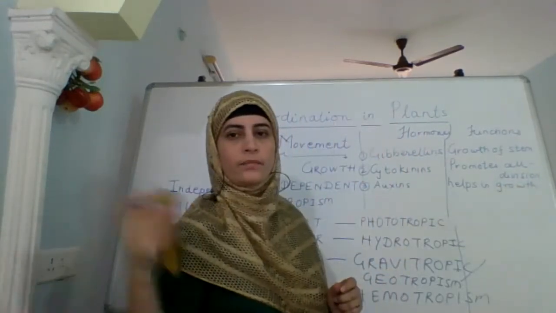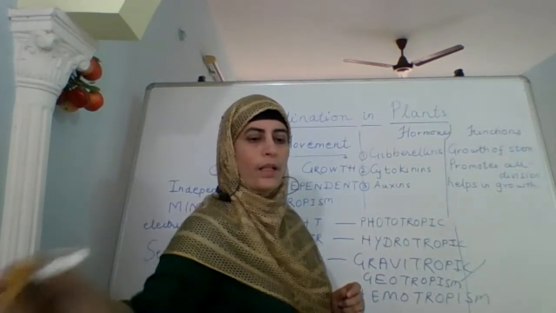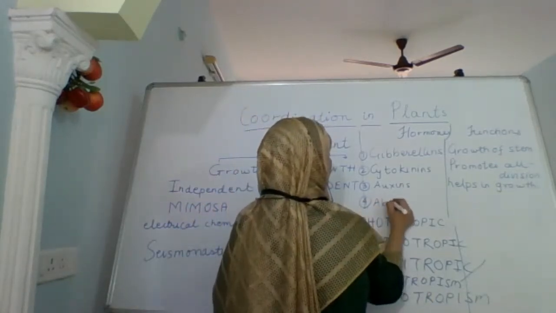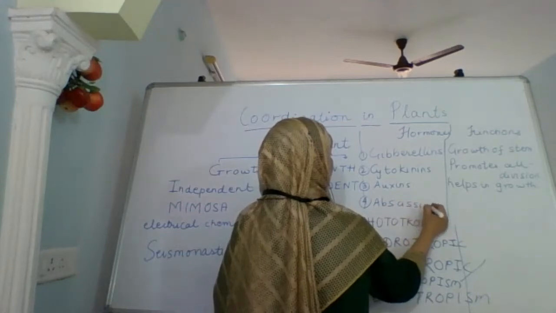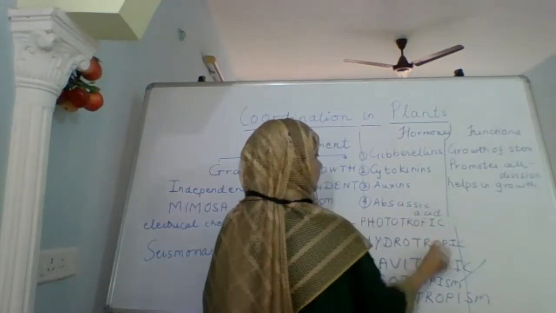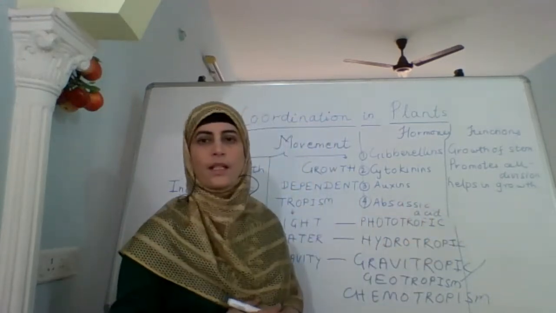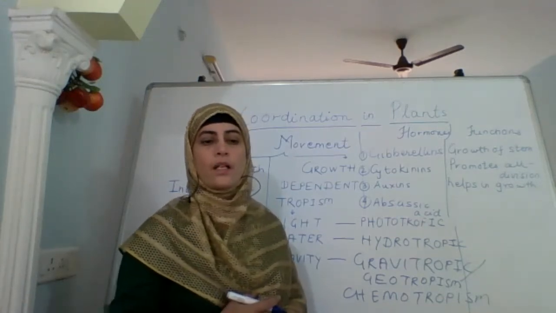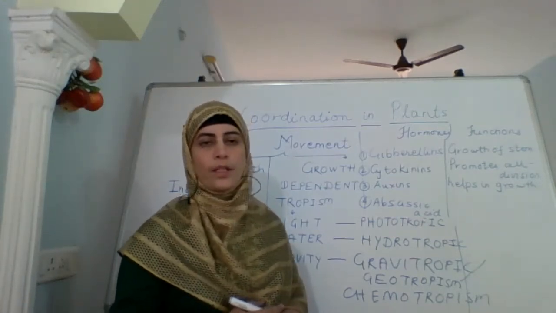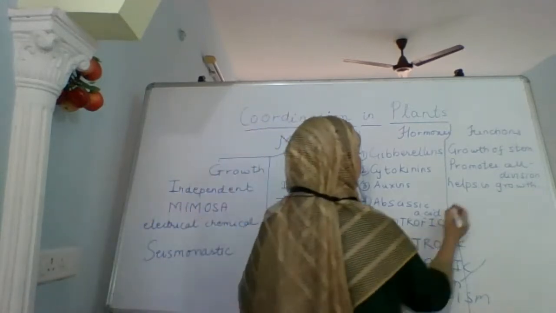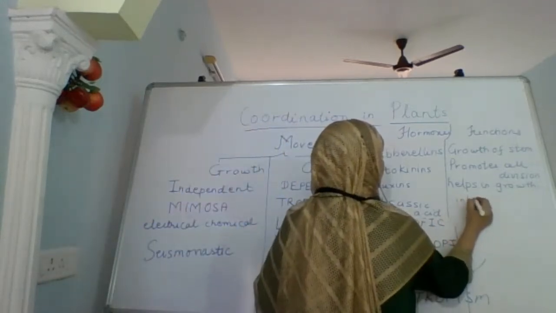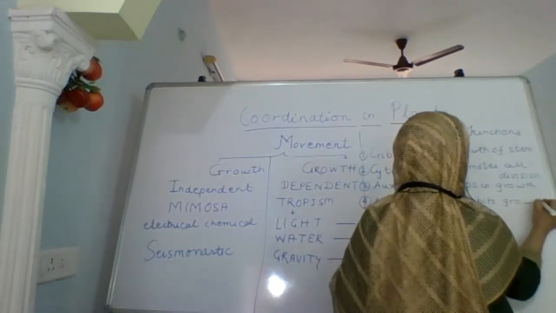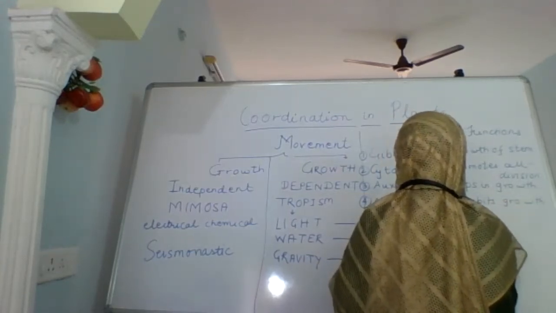And the fourth one is abscisic acid, a plant hormone which inhibits growth and leads to wilting of leaves.